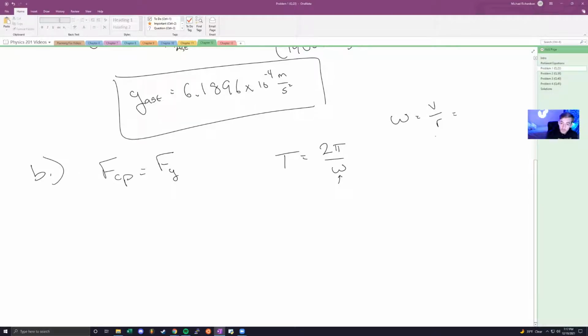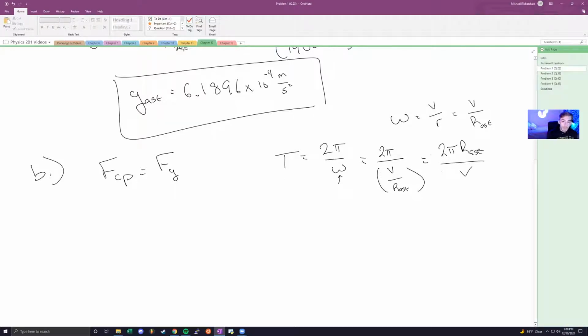So this r is going to be the radius of our asteroid. So if we plug this in, we get that this is going to be 2 pi divided by v over r of the asteroid. And then that just equals 2 pi times the radius of our asteroid divided by its velocity.